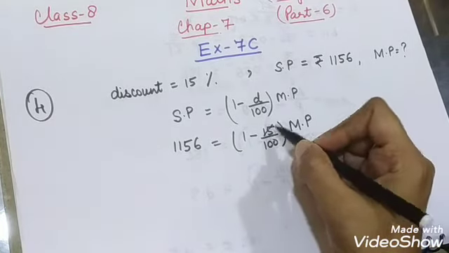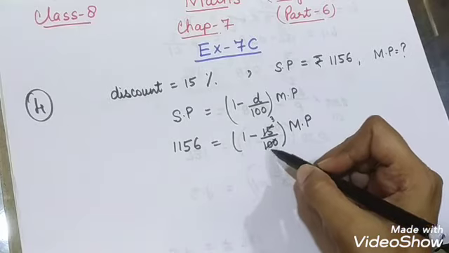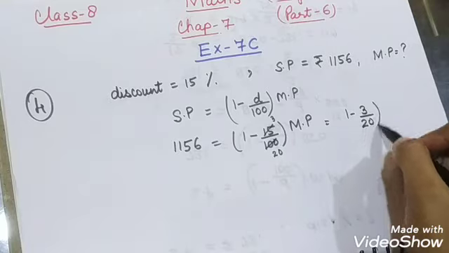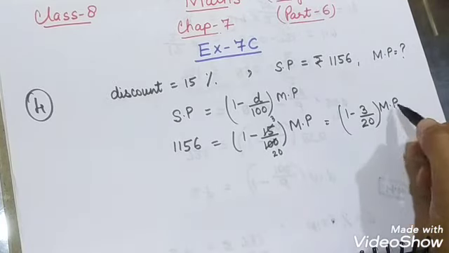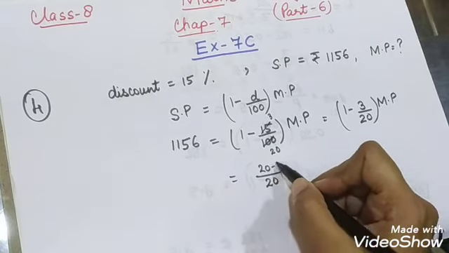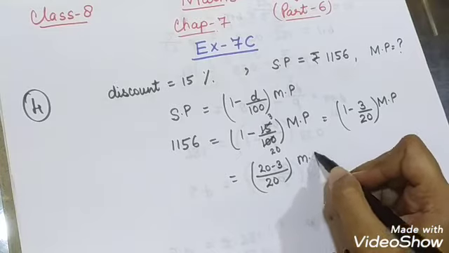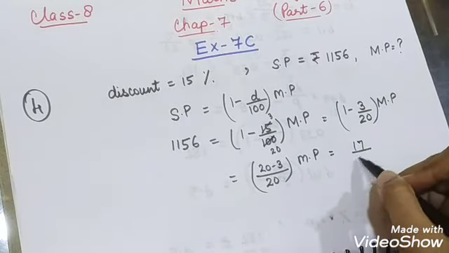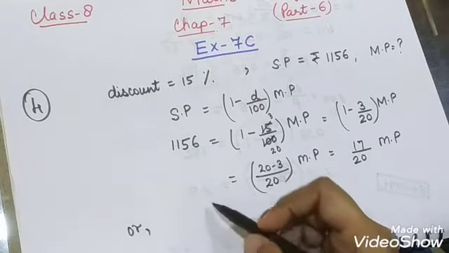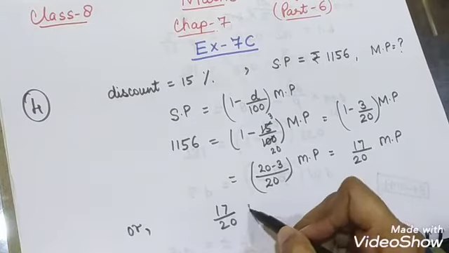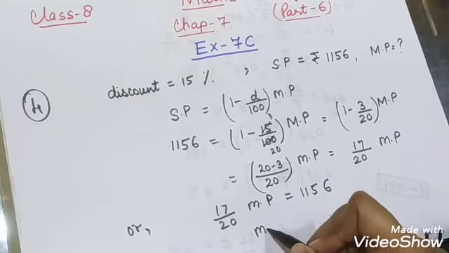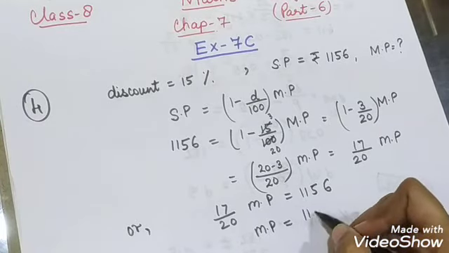Then it is cancelled: 5 3s are 15, 5 2s are 10, and 0. So it is 1 minus 3 upon 20 marked price. Okay, and we take LCM, which is 20. So 20 minus 3 marked price, or it will be 17 upon 20 marked price, equal to 1156. Send 17 upon 20 from that side to this side.